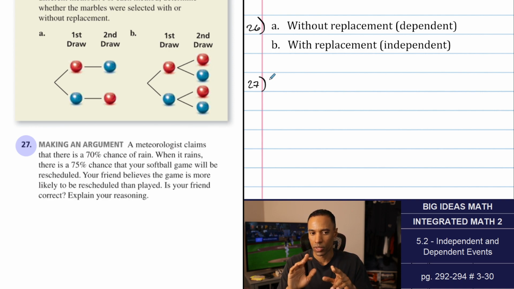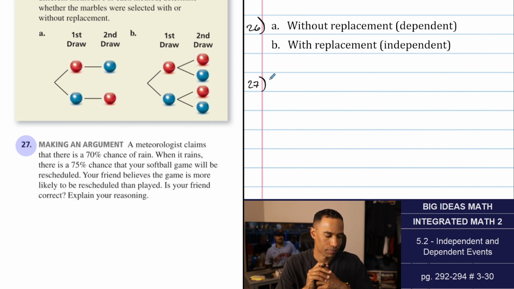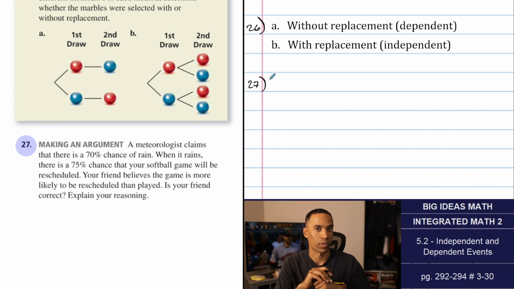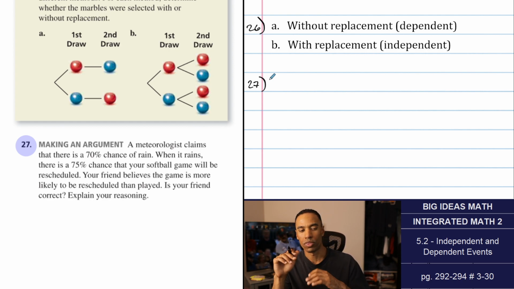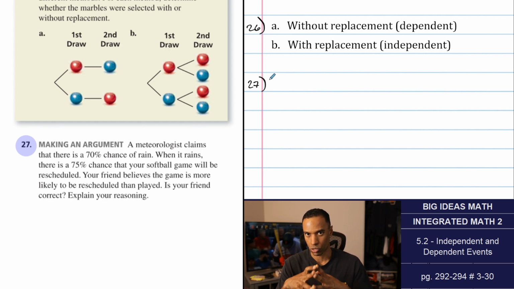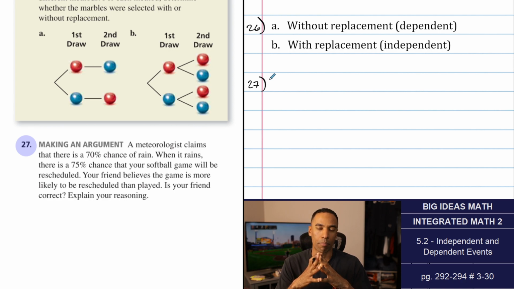The rescheduling is based, it's the 75%, it's not 75% chance likely to be rescheduled, it's only if it rains that happens. So there's a dependency to it, but that part is already factored into the percentages.